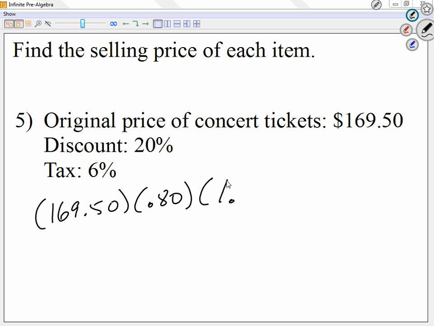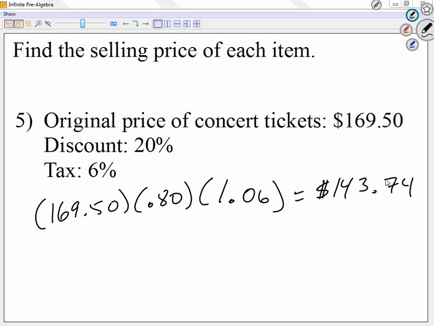So I'm going to write this as 1.06. And I'm just going to multiply all that. So 169.50 times 0.80 times 1.06, and I get $143 with 74 cents. Don't forget to round out to two decimal places.